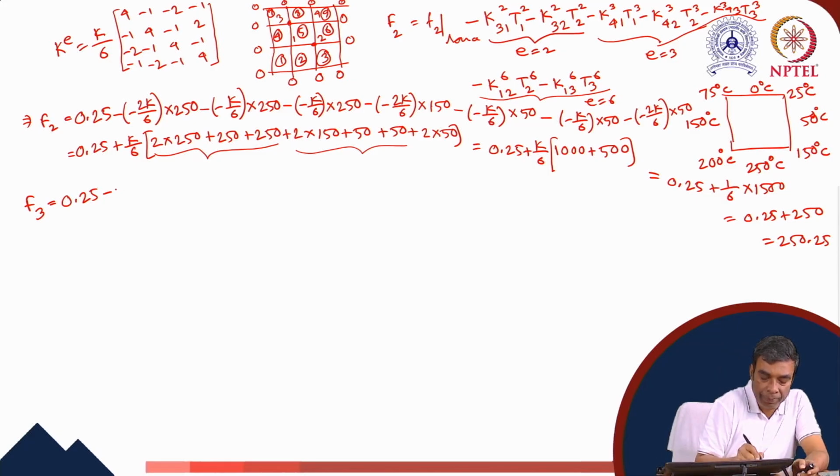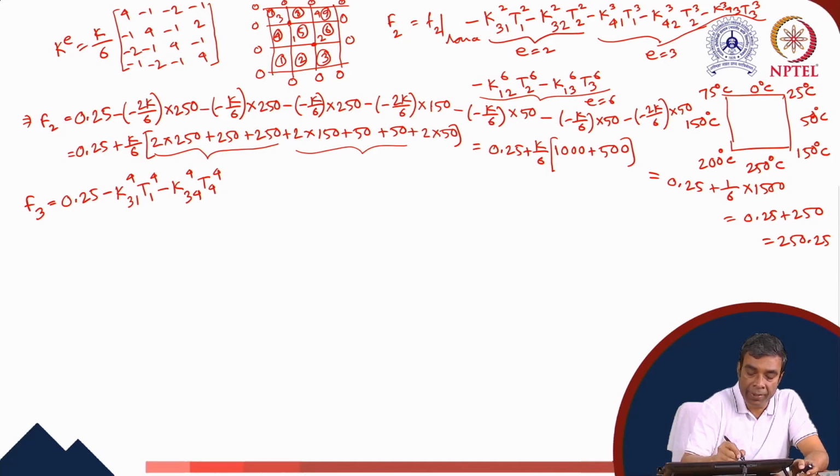So it will be K314 T14 minus K344 T44, because here I is 3, our B's are 1 and 4 and E is 4. So this is contribution from E equals to 4.